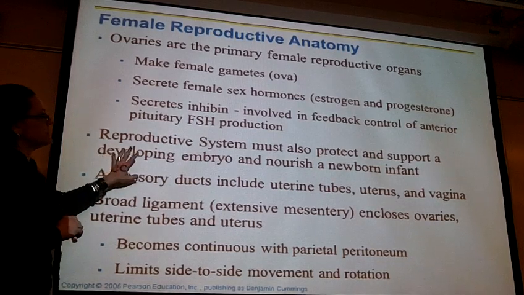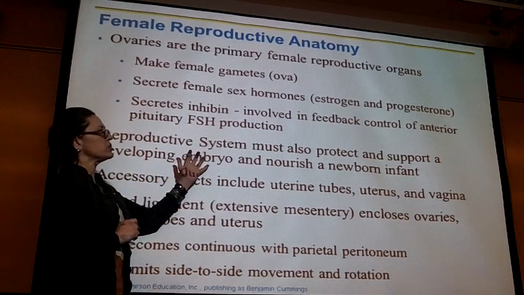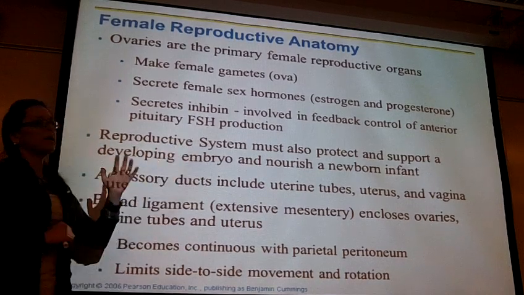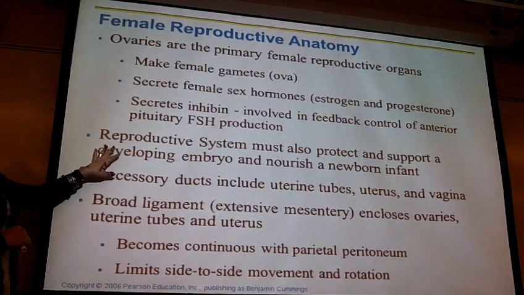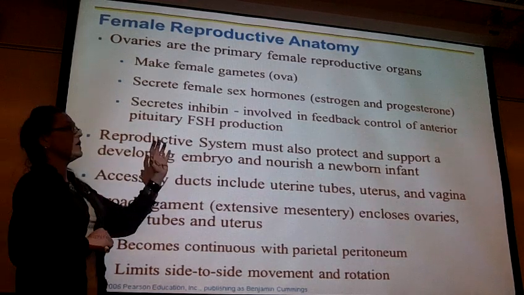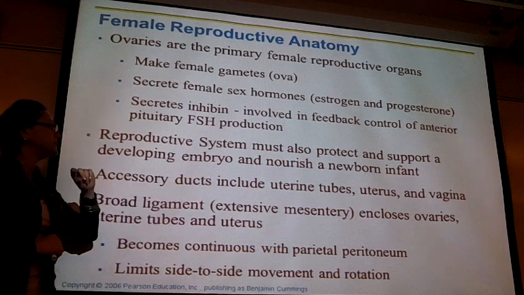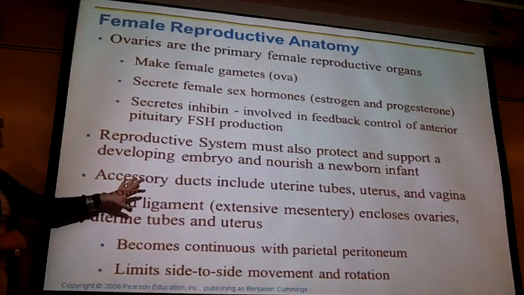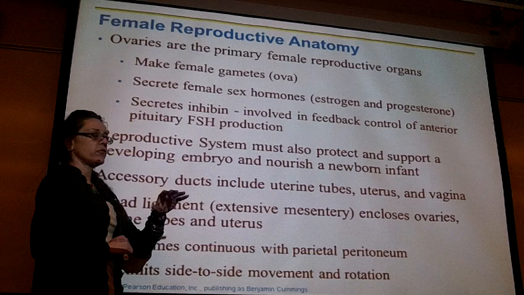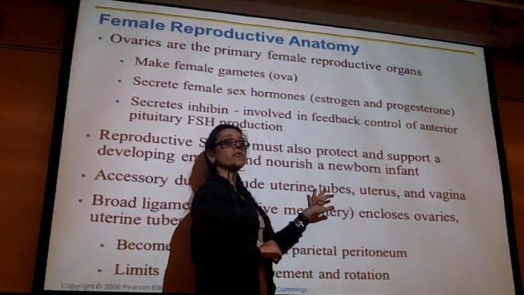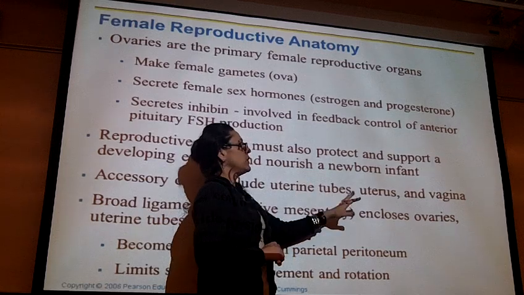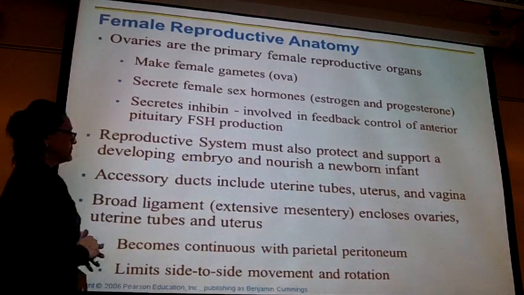Obviously, for the female system, we're going to have to talk about structures that are there to protect and support a developing embryo if there is fertilization, and then nourish that newborn infant. So we're going to have a series of accessory ducts like we did for the males. Here we're going to have the uterine tubes, or also the fallopian tubes, same thing. The uterus, then the vagina.